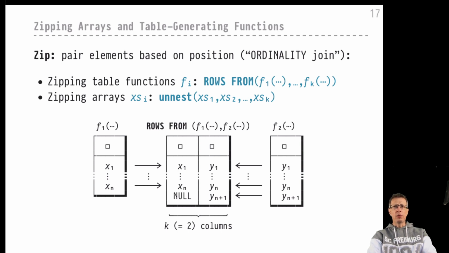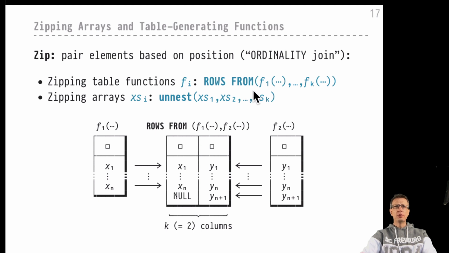If there are many of these functions and they emit tables of values which are actually related to each other, so the first rows returned by these functions are related, the second, the third, the nth row are related to each other, then there is a particular syntax in PostgreSQL which is specific to PostgreSQL. You won't find that in other database systems, which is the rows from syntax.